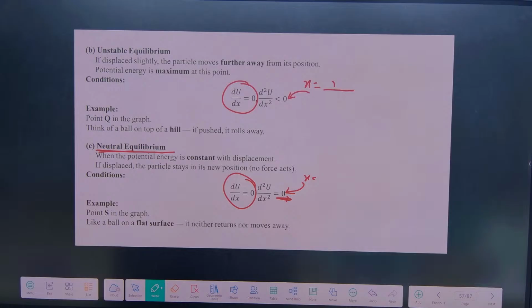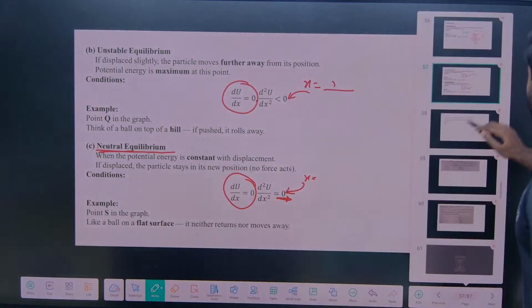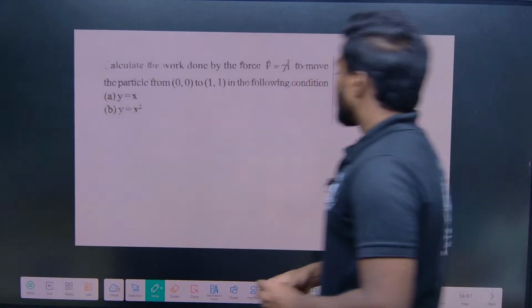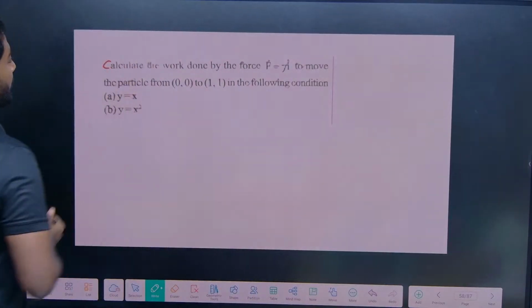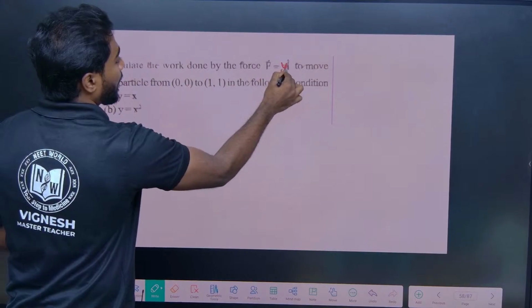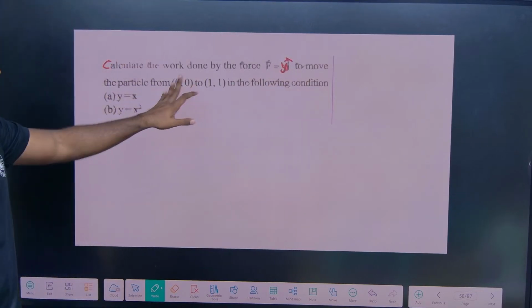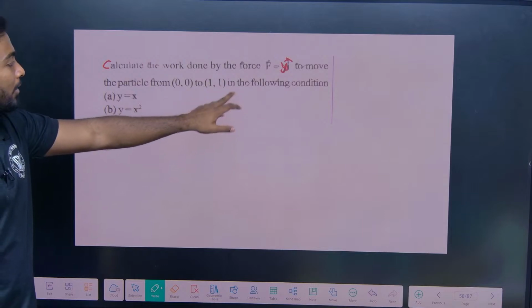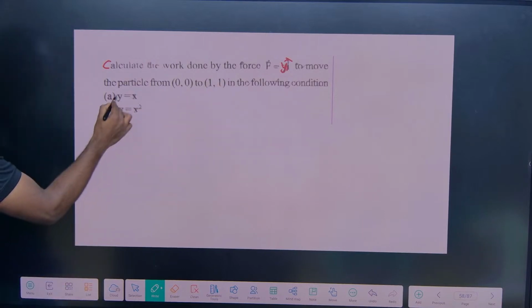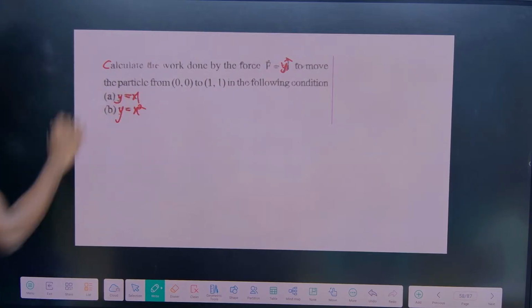Done. So we'll see a problem now. Calculate the work done by the force F equals y i cap to move the particle from 0,0 to 1,1 in the following conditions: y equals x, and y equals x square.